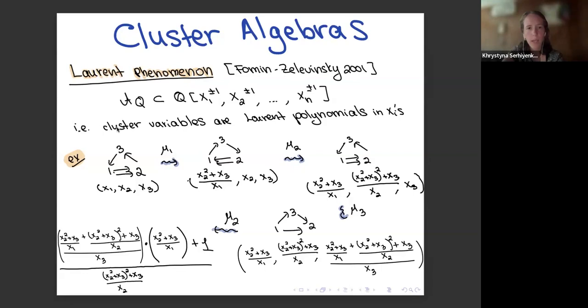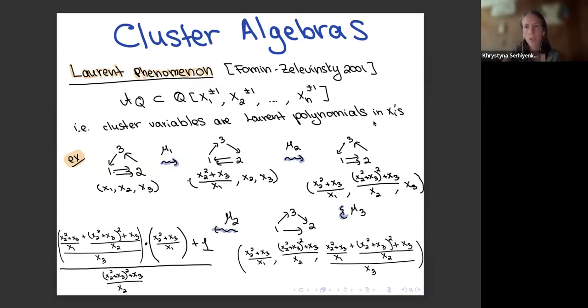And it says that the cluster variables you get are actually Laurent polynomials in the xi's. So I told you generally these live inside the field of rational functions. So the numerator is a polynomial and the denominator is a polynomial. But Laurent polynomial just means that the denominator doesn't have any pluses. It's just a single term. It's a monomial. It's a single product of the xi's.